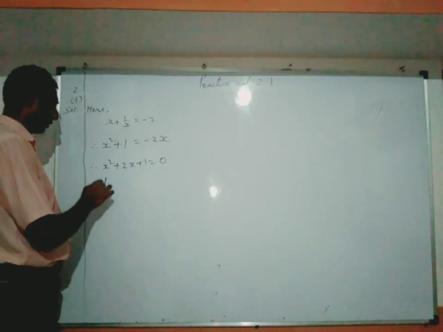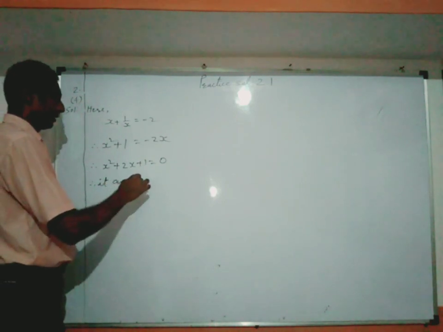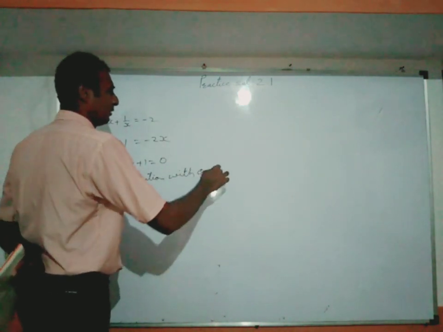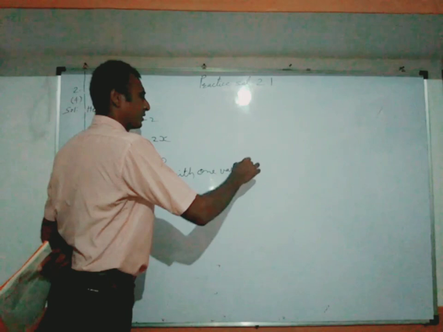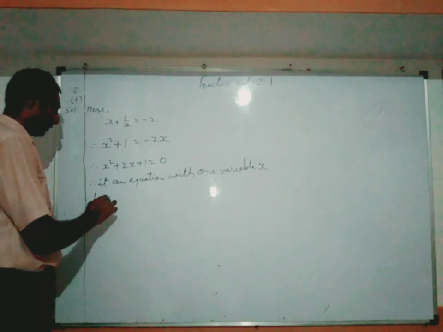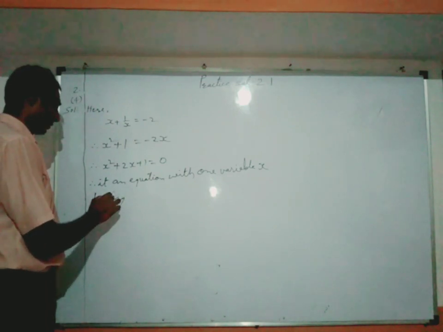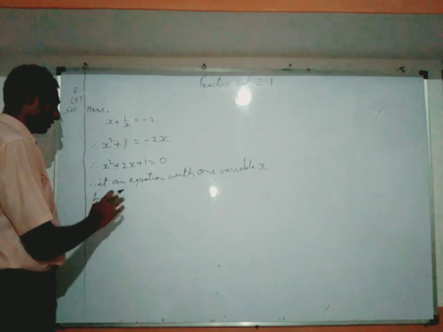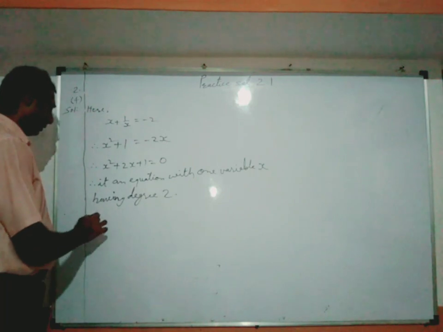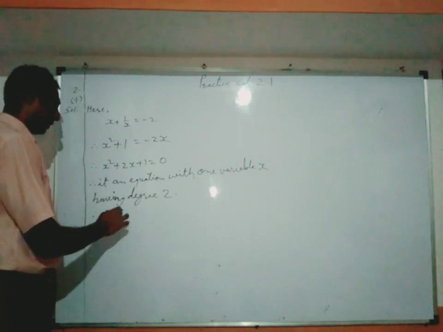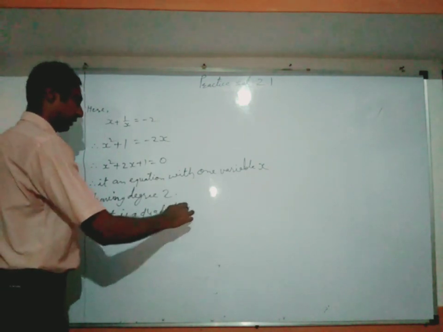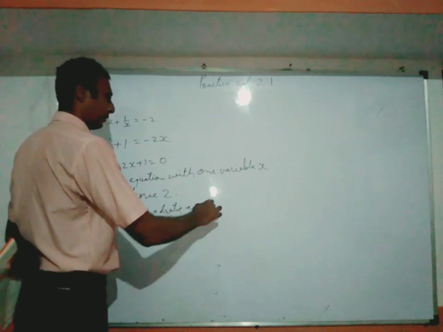Therefore it is an equation with one variable, which is the variable x, having degree, what is the degree of this equation? Having degree 2. Therefore it is a quadratic equation.